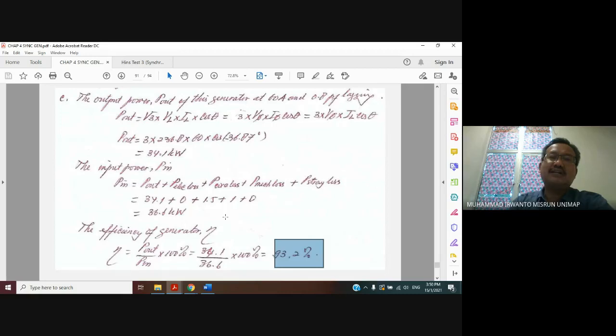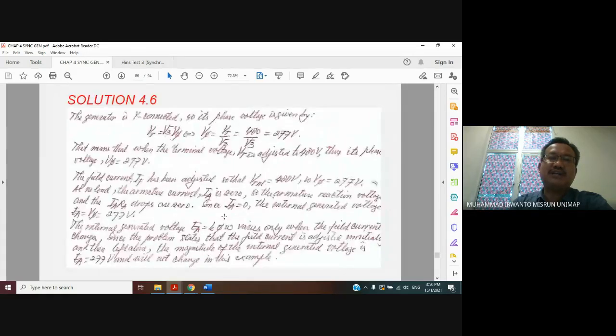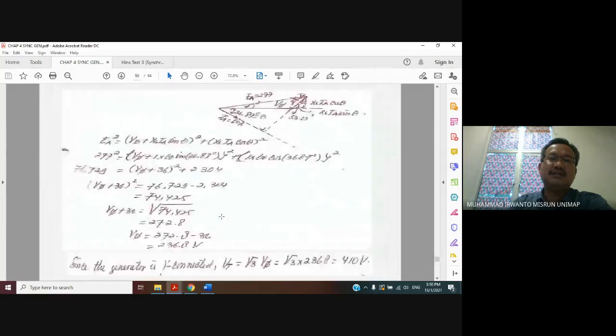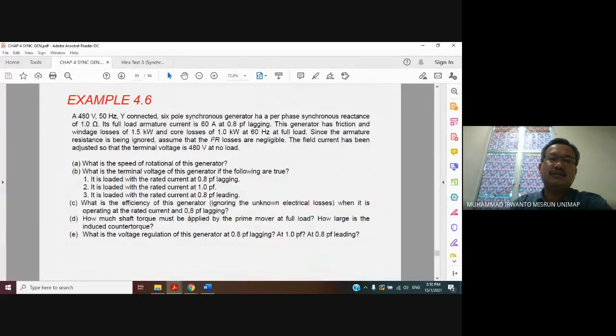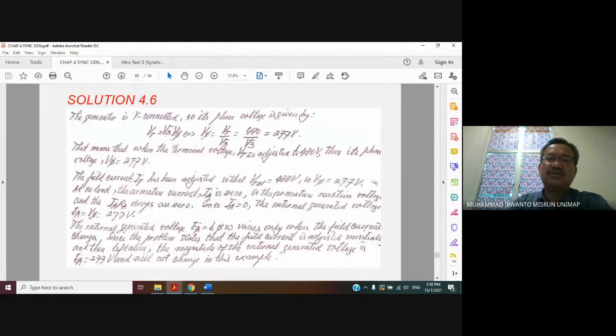Okay, and then the next question is calculate the applied torque, meaning the torque that must be applied, and then the induced torque.